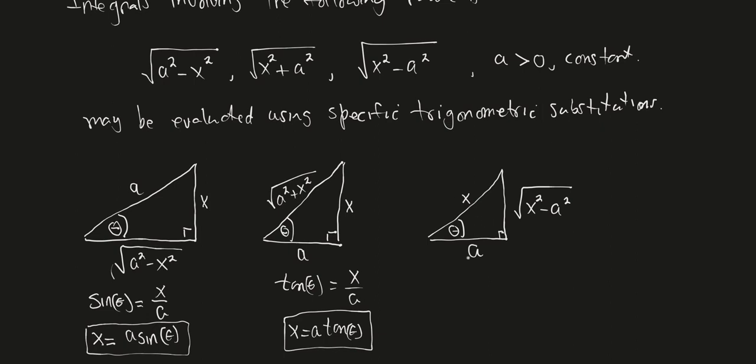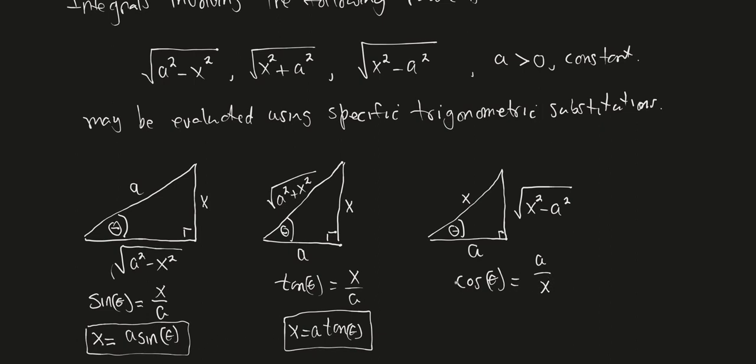And again, let's find the ratio that relates theta, a, and x. Well, this would be the adjacent side. That's the hypotenuse. So that sounds like cosine to me. So the cosine of theta is a over x. And if we follow suit with the other two, let's solve this for x.